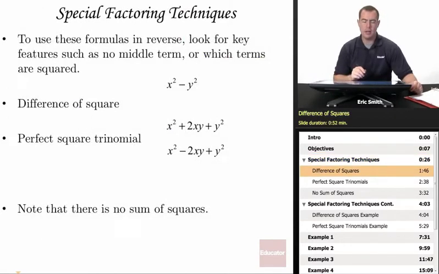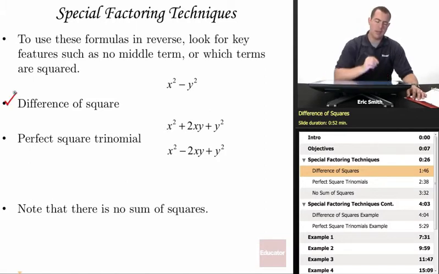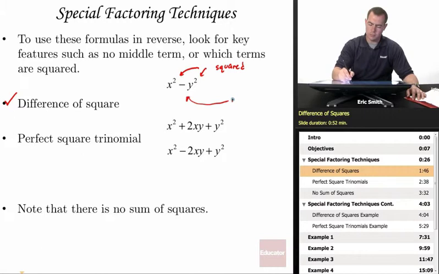Since we are looking at these in reverse, you really want to look at some key features of these formulas to help you recognize them when looking at those polynomials. Let's start off with the difference of squares. Here's how you can pick it out. One, both of these terms should be squared. And notice how there is no middle term.